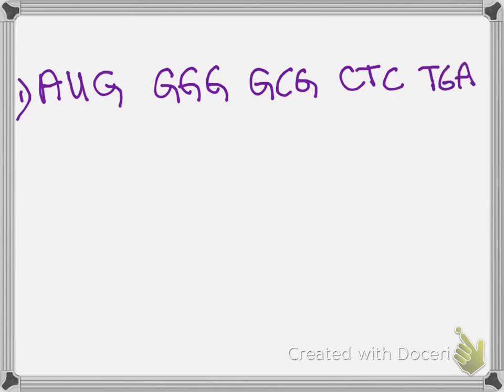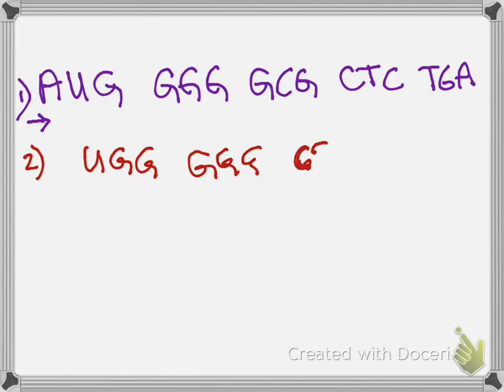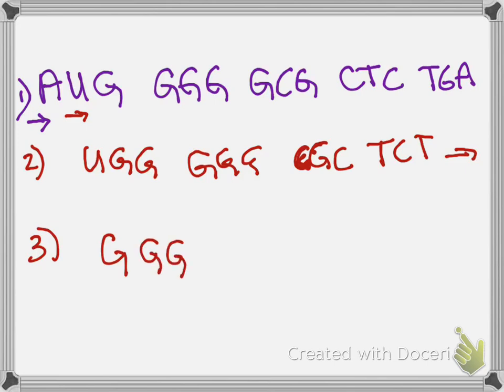Now, if you were to move by one nucleotide, reading frame number 2 would be UGG, and then GGG, and then CGC, and then TCT, etc. And then the third reading frame would move down another nucleotide, and that would be GGG, GGC, GCT, CTG.